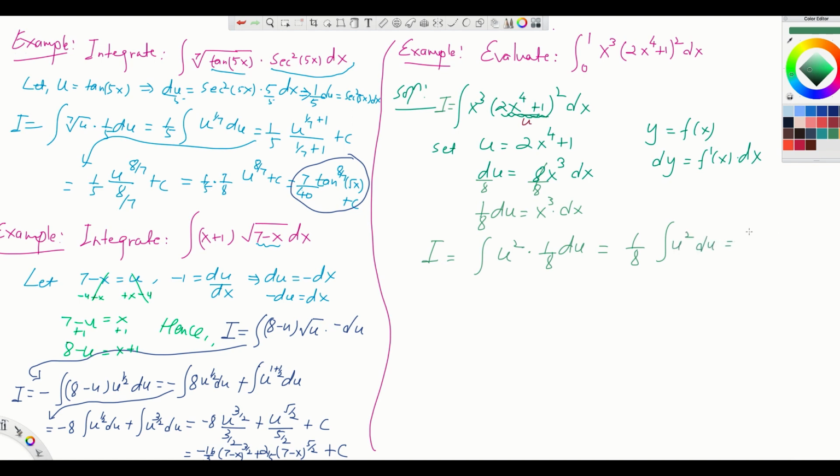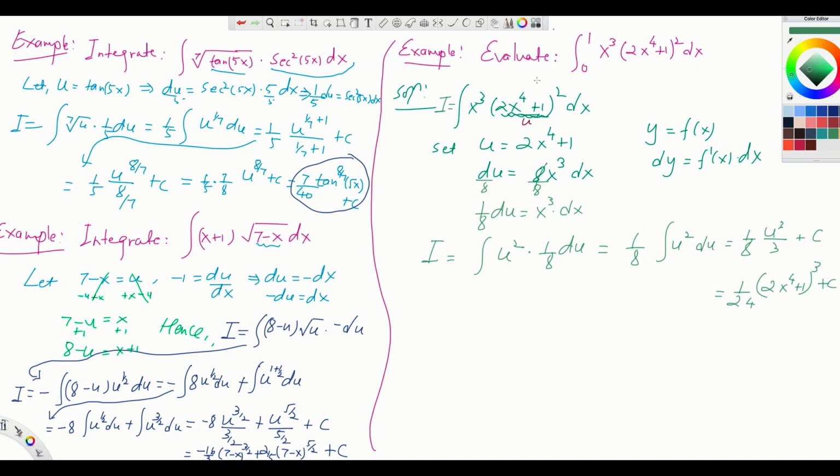And this can be written as 1 over 8, and the integral of u squared is u cubed over 3 plus c, right? So this is what you get. Now what we do is plug back in the values of u. You get 1 over 24 times (2x to the 4 plus 1) cubed plus c. That's what you get.